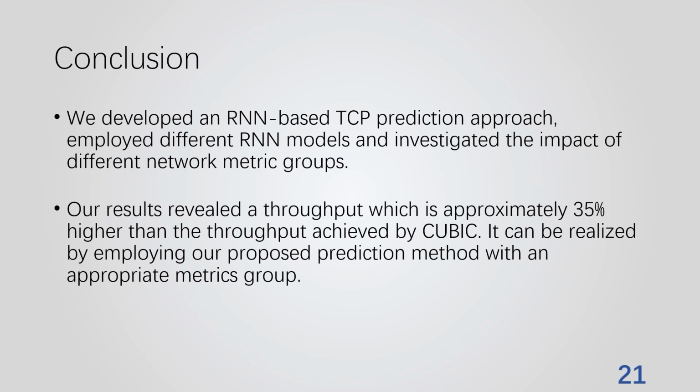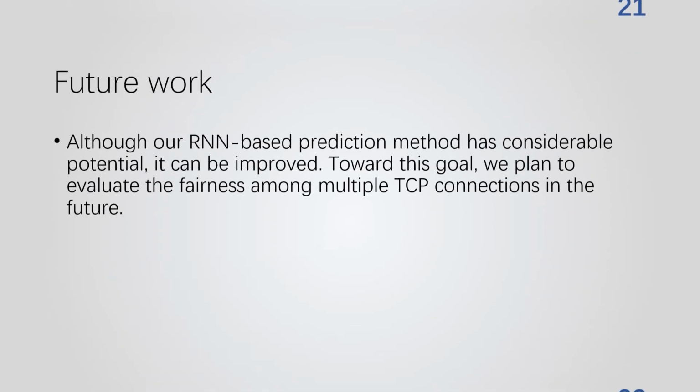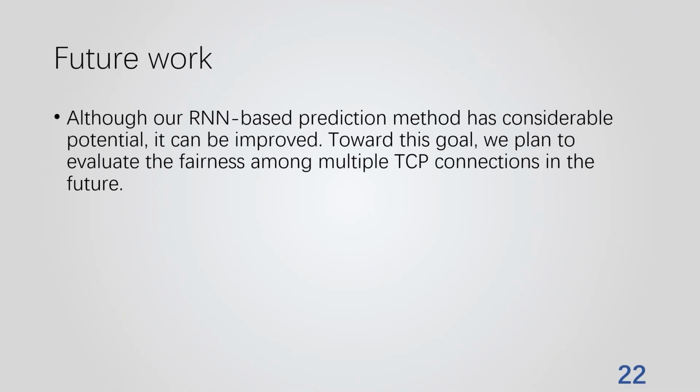It can be realized by employing our proposed prediction approach with an appropriate metrics group. Also, our recurrent neural network-based prediction models have considerable potential. They can be improved. Toward this goal, we plan to evaluate the fairness among multiple TCP connections in the future.